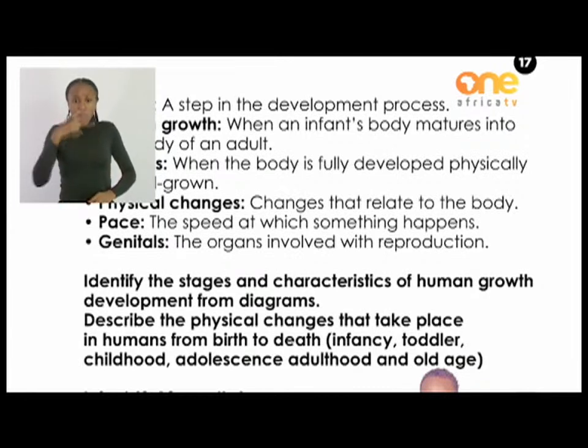Physical changes should possibly be seen or can be identified on your body. We look at the pace. The pace is the speed at which something happens. How fast or how slow is the pace? And we look at the genitals, the organs involved in reproduction.